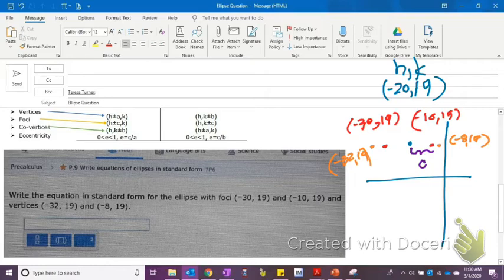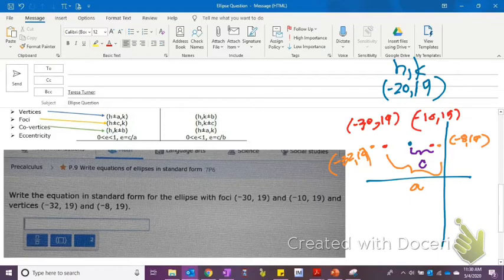We know that the distance between the center and the vertex, this distance is A, because it's a horizontal ellipse, so the distance between the center and the vertex is A. On a vertical ellipse, the distance between the center and the co-vertex is A, because we use A for horizontal always and B for vertical always.